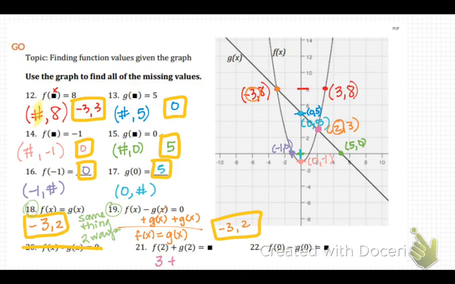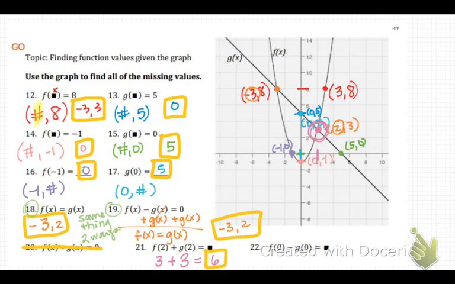And what's g of 2? Look at the point. I go over 2. And that's a point of intersection, isn't it? Don't they have the same point then? So if f of 2 is 3, then g of 2 is also 3. What's 3 plus 3? 6. That's your answer. Okay. We're not multiplying, we're adding.